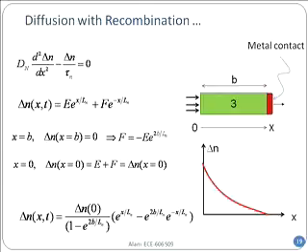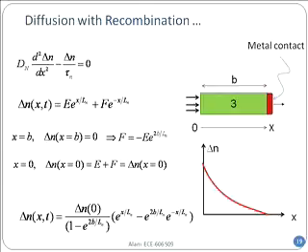What is the unknown here? The only thing unknown is delta n. But other than that, do I know L sub n? Of course I do, because I just said it is the square root of D tau n. Why did I get D? From Einstein's relationship. Because I knew mobility, I measured mobility. Remember all those 4 probe measurements?